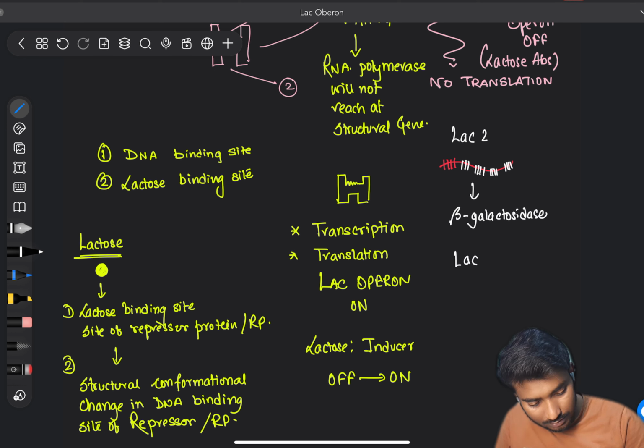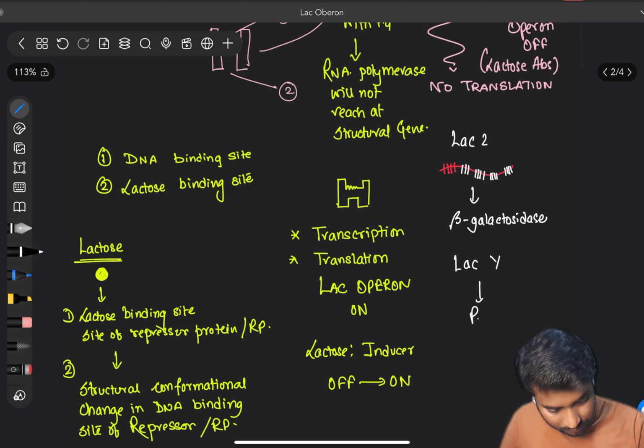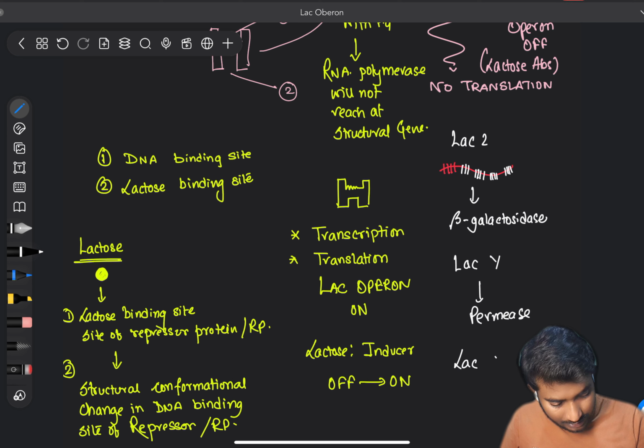Lac Y secretes permease, and Lac A secretes transacetylase.